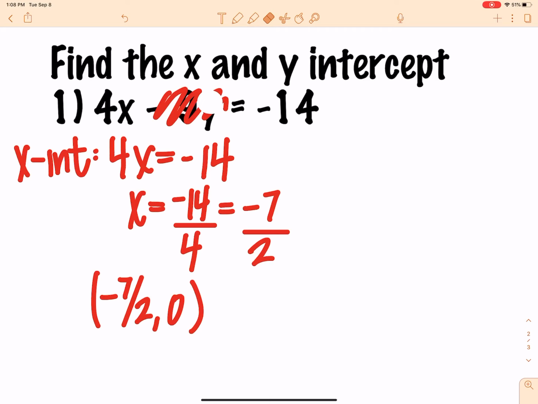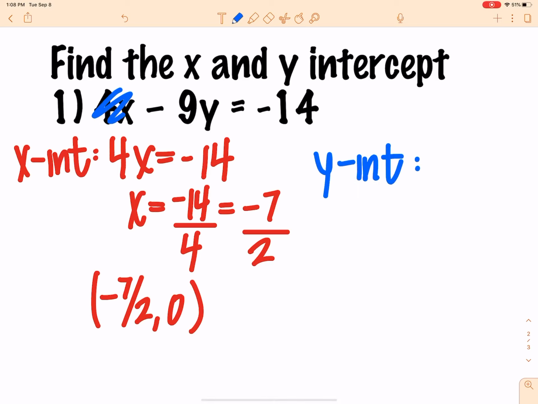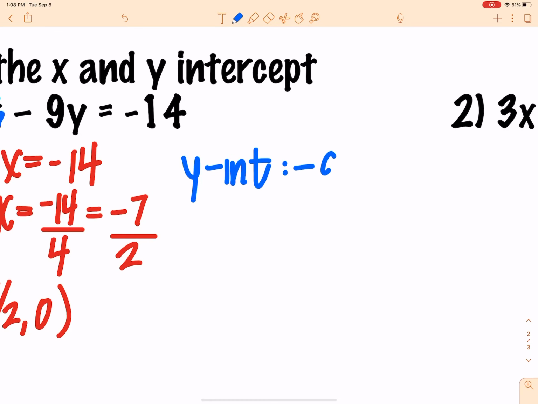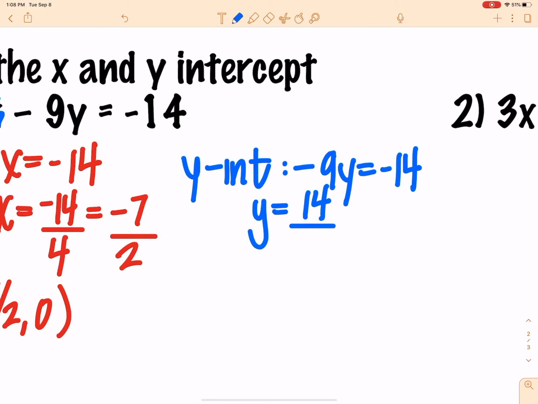Then your y-intercept, all we do is just do the opposite, meaning we cancel out x instead. So now our equation is negative 9y equals negative 14. So y equals 14 over 9.